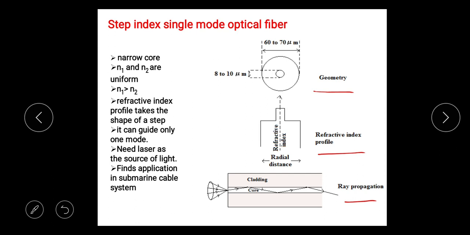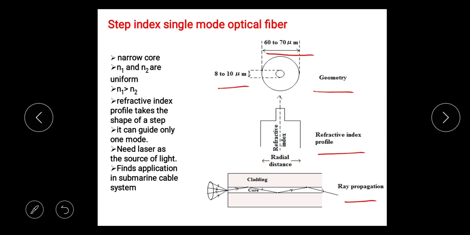For single mode optical fiber, the diameter of core is 8 to 10 micrometer and the diameter of cladding is 60 to 70 micrometer. That means this optical fiber has a narrow core. Second diagram is the refractive index profile. So the refractive index profile is a curve which represents the variation of refractive index with respect to radial distance.